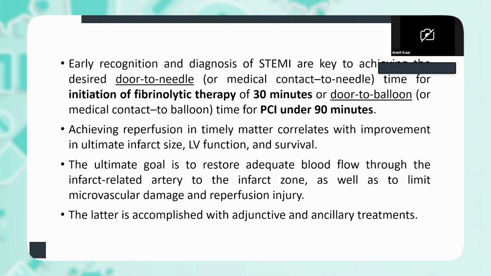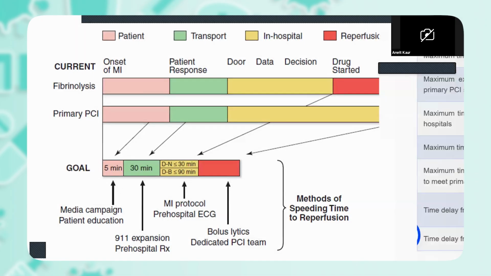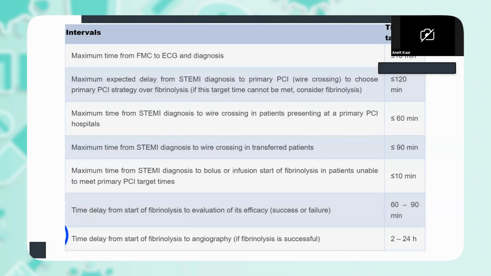These are again some common times, but I would rather discuss this slide when we talk about times. So line by line, first medical contact to ECG should be less than 10 minutes. Less than 120 minutes to reach a PCI center and have the wire crossed.